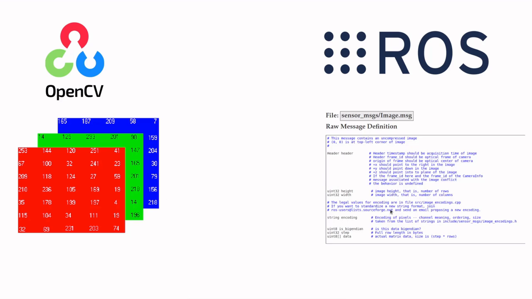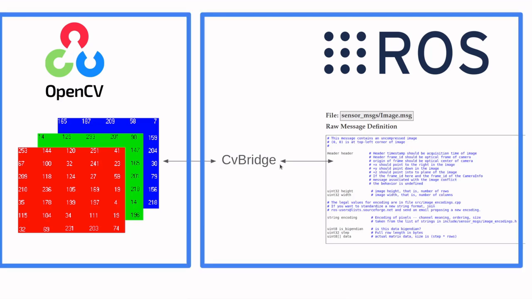Luckily there's a ROS package called CvBridge, which stands for computer vision bridge, that makes this connection between how ROS sees an image and how OpenCV sees the image. So this is very important, and we're gonna use this one.